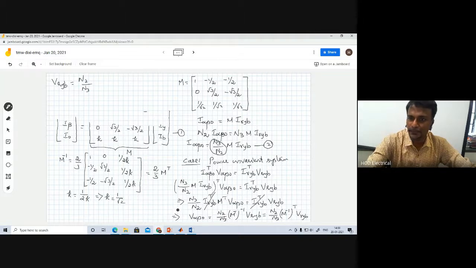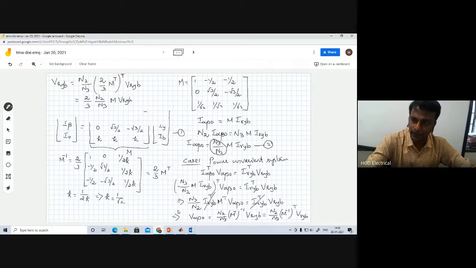Already we know M into 3 M transpose the whole transpose into V R Y B. Now we can write N2 by 3, N2 by N3 into M into V R Y B. So this is the equation number 3.